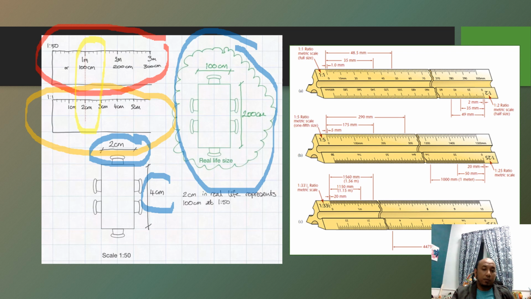And then 200 centimeters becomes 4 centimeters. Okay, so this is the ratio. You can see it on your scale rule, the triangle scale rule. You can see the ratio here.